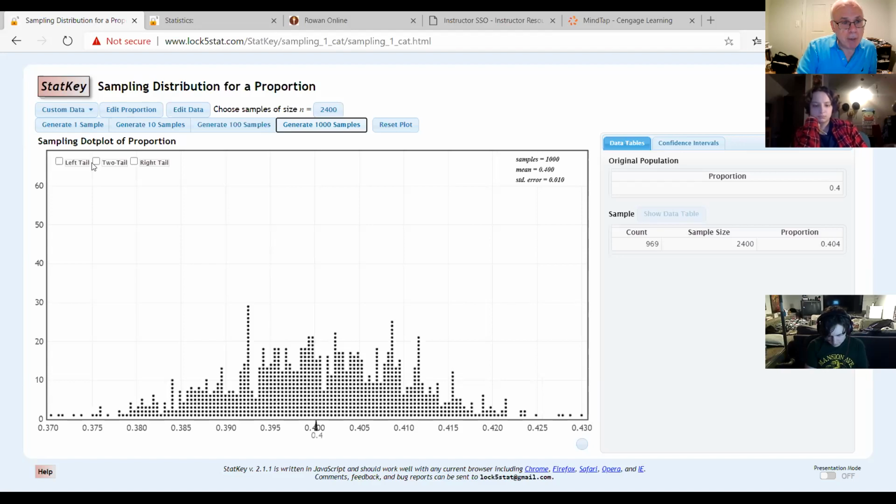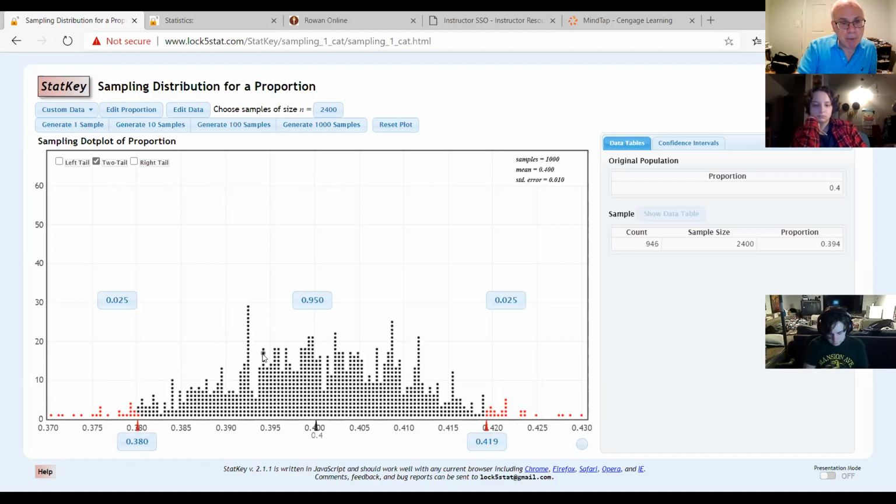We've just generated them. Now I'm going to click the 2-tail here, by the way. I'll tell you later what that means. But I generated now 1,000 samples. Now there are 1,000 dots on this curve. It looks bell-shaped, doesn't it? And it will look bell-shaped when you do many of these samples.